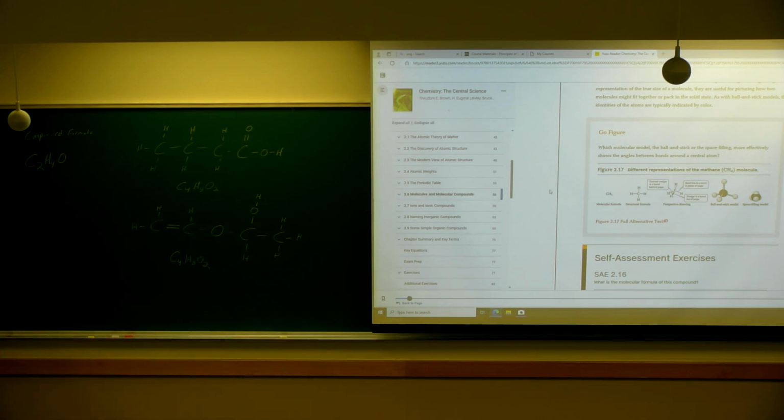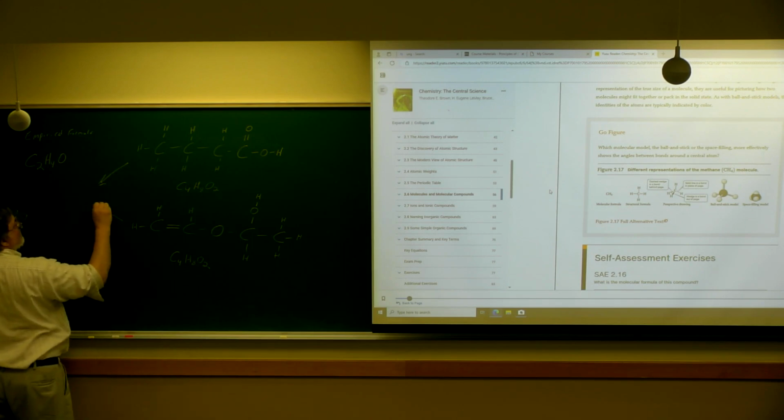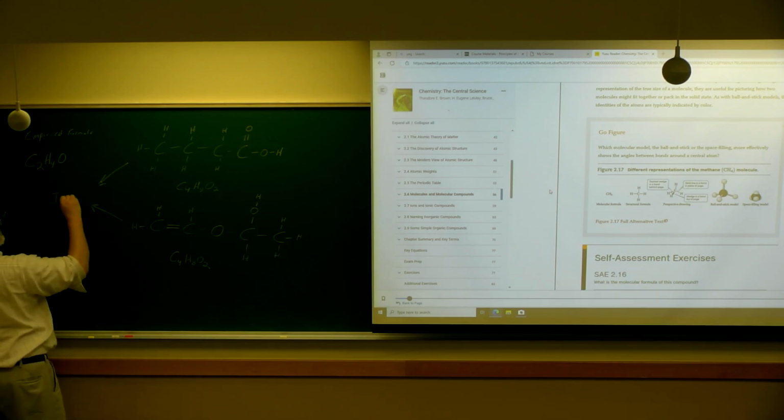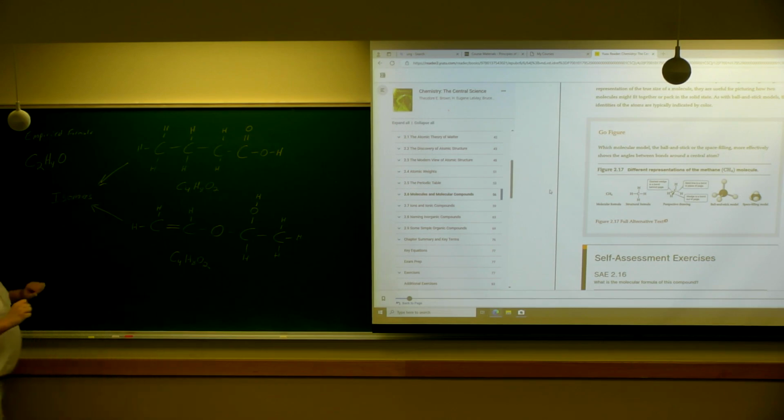Okay, for one thing, these have the same molecular formula, but they necessarily then also have the same empirical formula. So that's one thing to know. Another thing to know is these two things are called isomers. Isomers have the same molecular formula, but they're actually different structures.